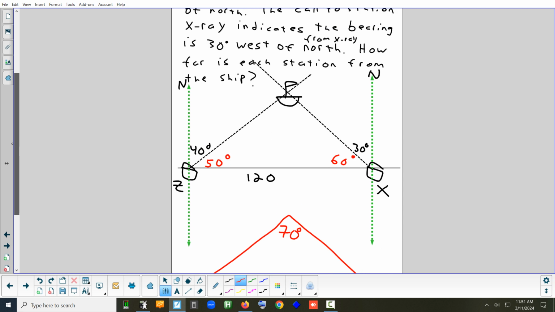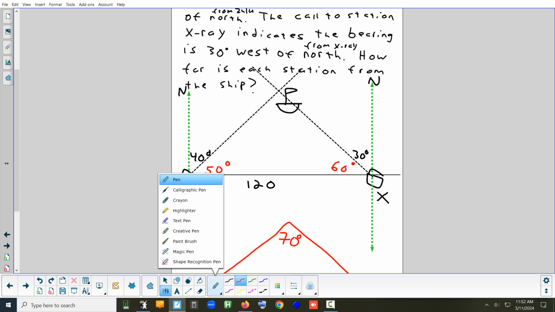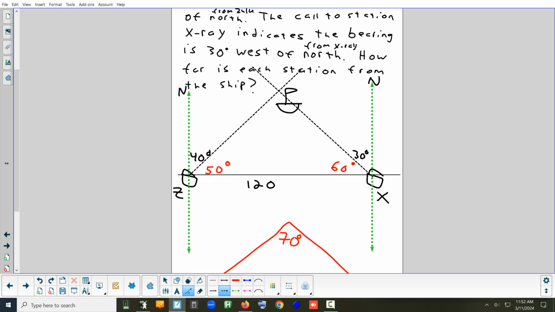Now, as I said before, realistically they probably would have some kind of margin of error when they're looking at this boat. So you might have something a little bit more like this. They have a margin of error from there, and then maybe a margin of error from there too.